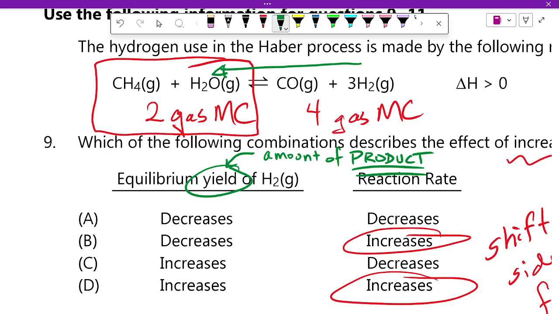Less product. Yeah, because we've shifted towards the reactants. So that means our equilibrium yield, our equilibrium amount of H2 decreases.